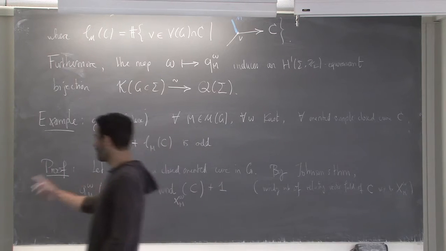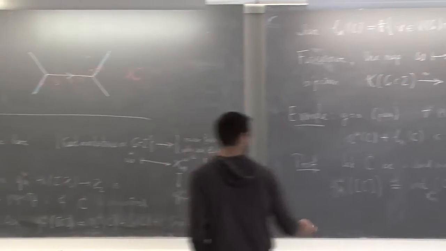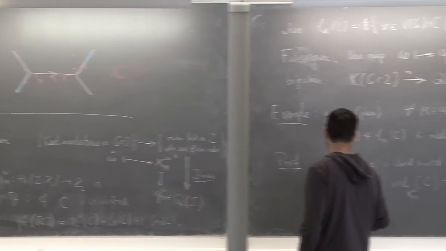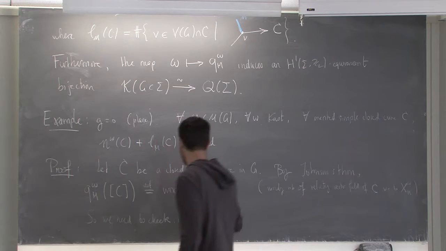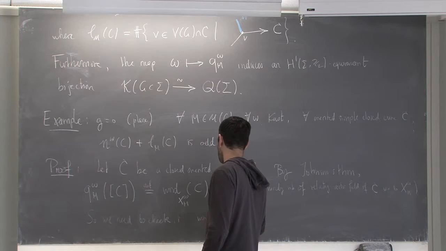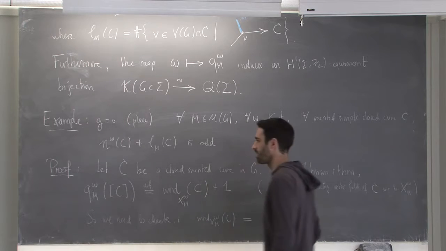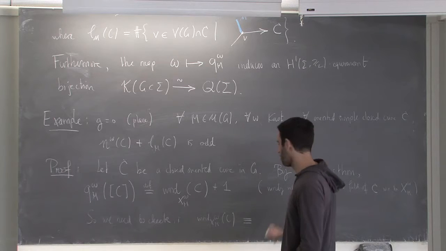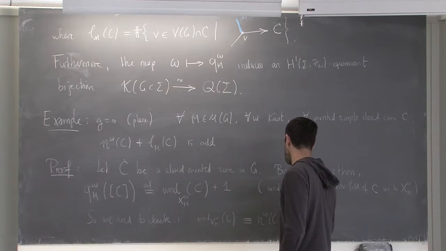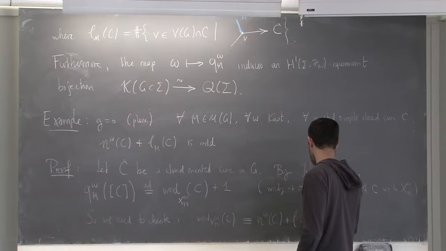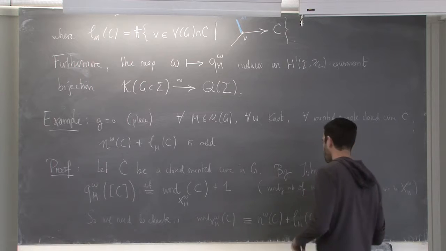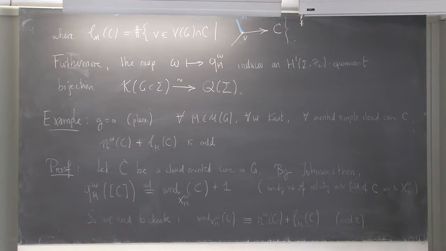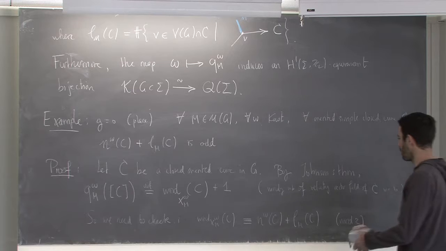So if we want to see that these two numbers are the same, we just need to check that this winding number has the same parity as n omega of C plus L m of C. This is what we need to check.